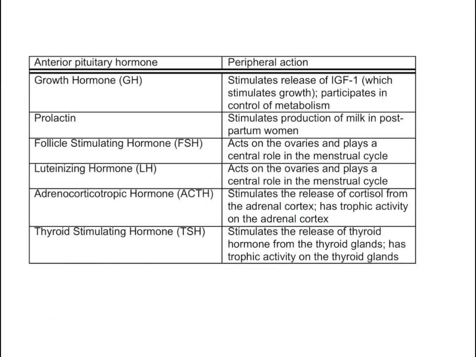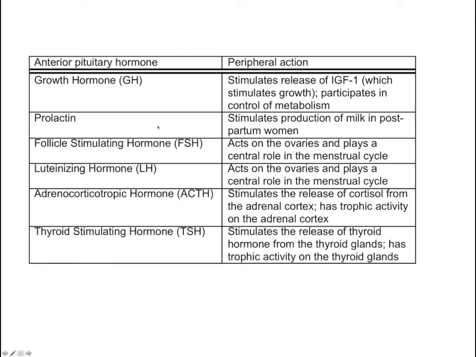And this is just a summary of the main hormones that are released from the anterior pituitary. You have growth hormone that stimulates the release of insulin-like growth factor, which stimulates growth in almost all parts of the body, and it participates in the control of metabolism by being able to increase glucose through lipolysis.